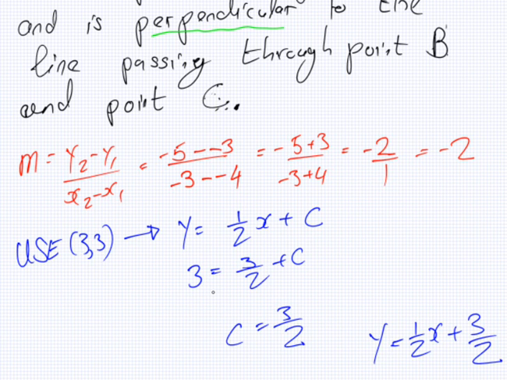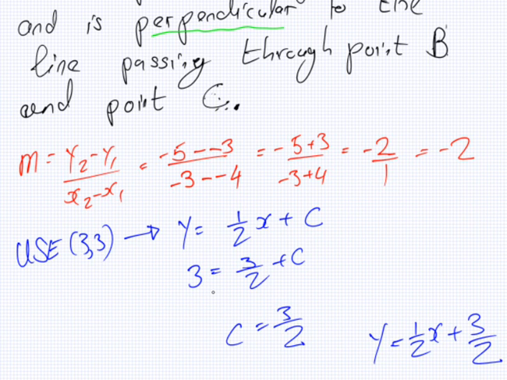But it's the same because A is still on it, so I still need to use the point 1, 9. So I put that in here. I get 9 equals minus 7 over 5 plus C. So C equals 9 plus 7 over 5, which equals 45 over 5 plus 7 over 5, 52 over 5.